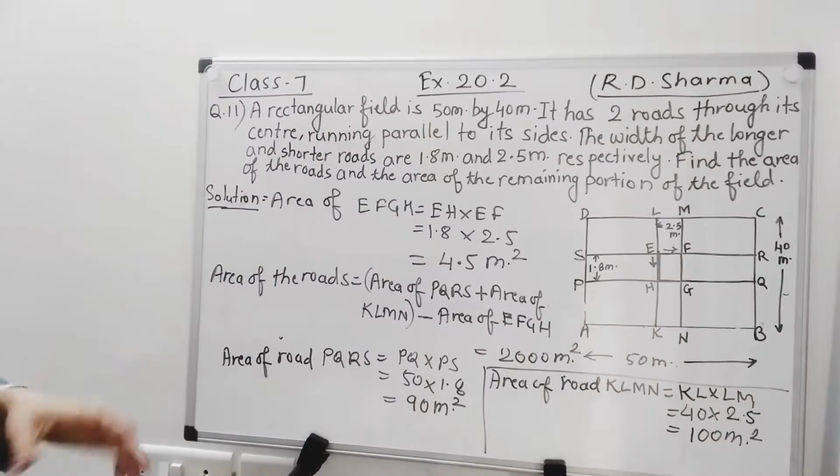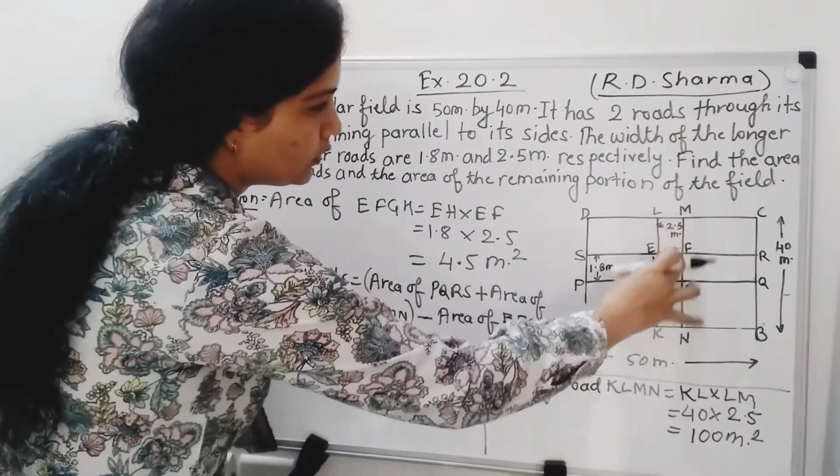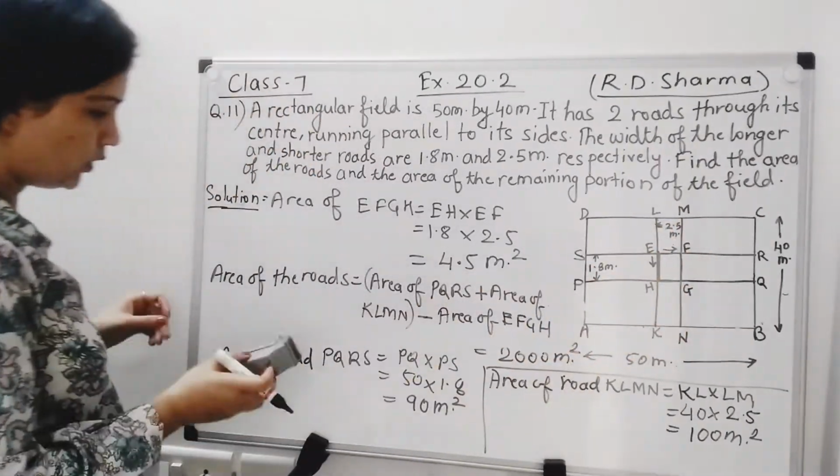If you add both the areas and subtract the common area, you will be able to find out the area of both the roads.